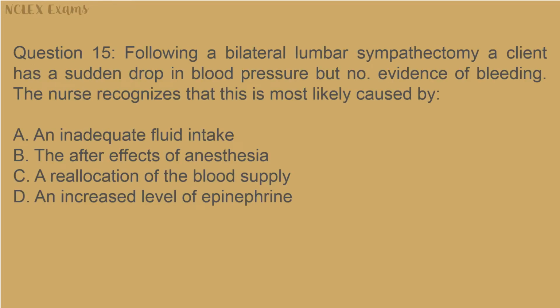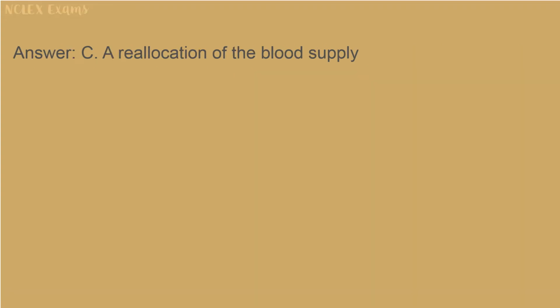Question 15. Following a bilateral lumbar sympathectomy, a client has a sudden drop in blood pressure but no evidence of bleeding. The nurse recognizes that this is most likely caused by A. An inadequate fluid intake. B. The after effects of anesthesia. C. A reallocation of the blood supply. D. An increased level of epinephrine. Answer: C. A reallocation of the blood supply.